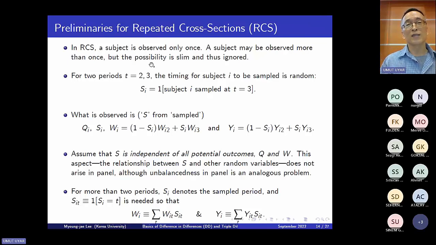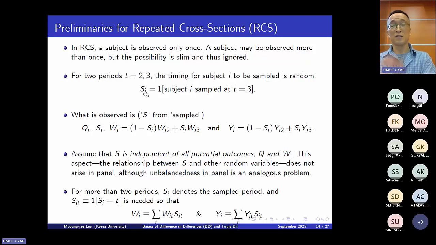I mentioned that DD can be done with panel data or RCS, repeated cross-section. Now I'll briefly explain RCS models. In RCS, you have this variable indicating when the person is sampled. Okay, so if this is equal to 1, the subject, person i, appears at T3.